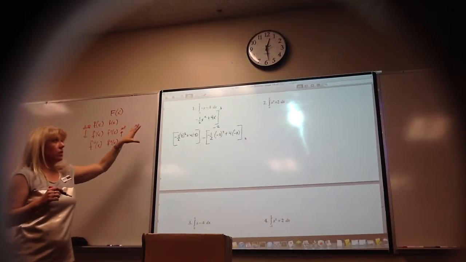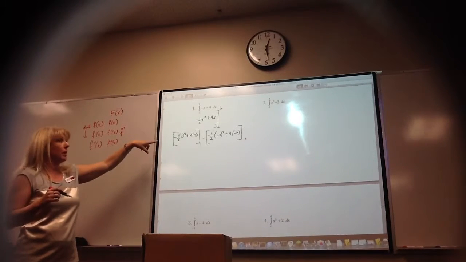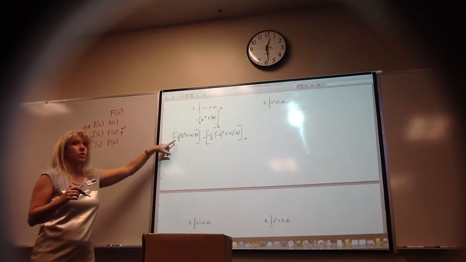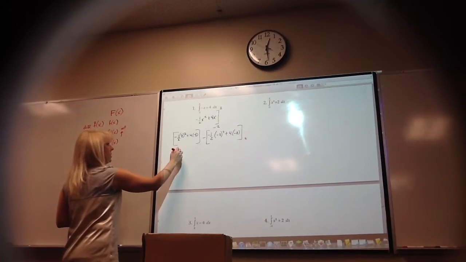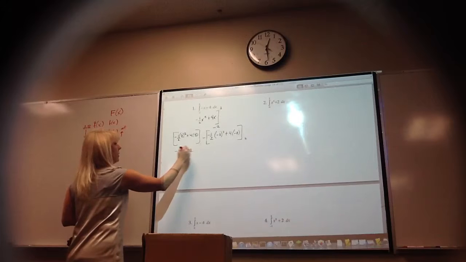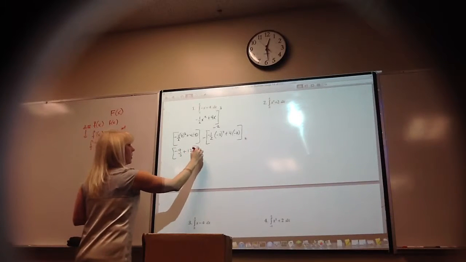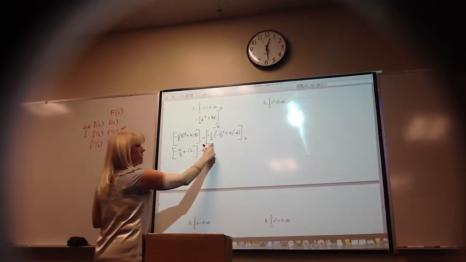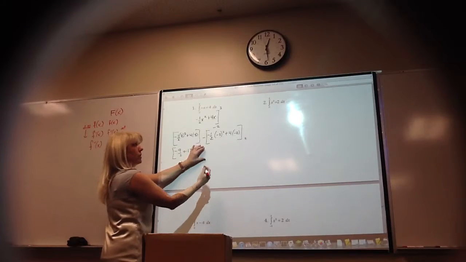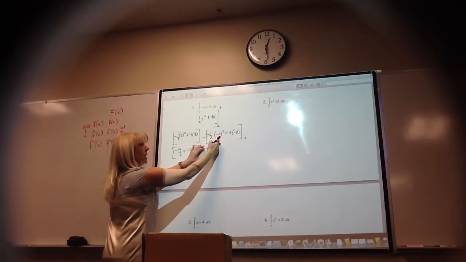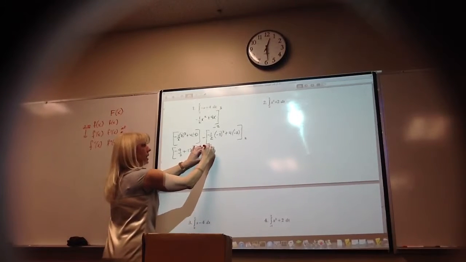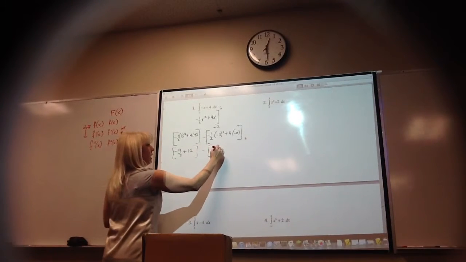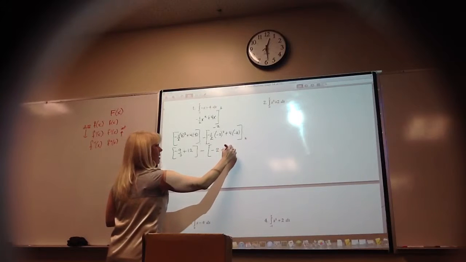We did our integration right. When we plug in the upper bound, we've got 3 squared, which is 9, so we've got negative 9/2 plus 12. From that, we're going to subtract the result of plugging in the lower boundary. The lower boundary is negative 2. What's negative 2 squared times negative 1/2? Negative 2, plus negative 8.